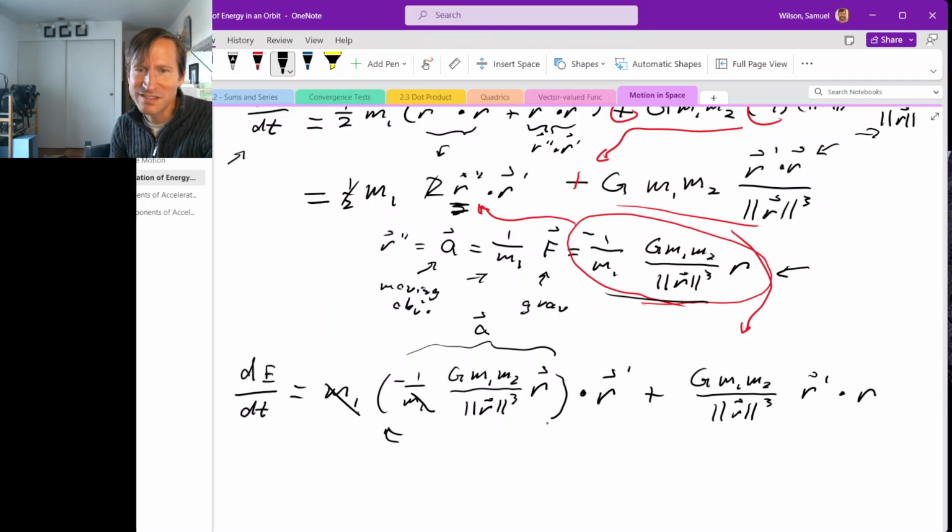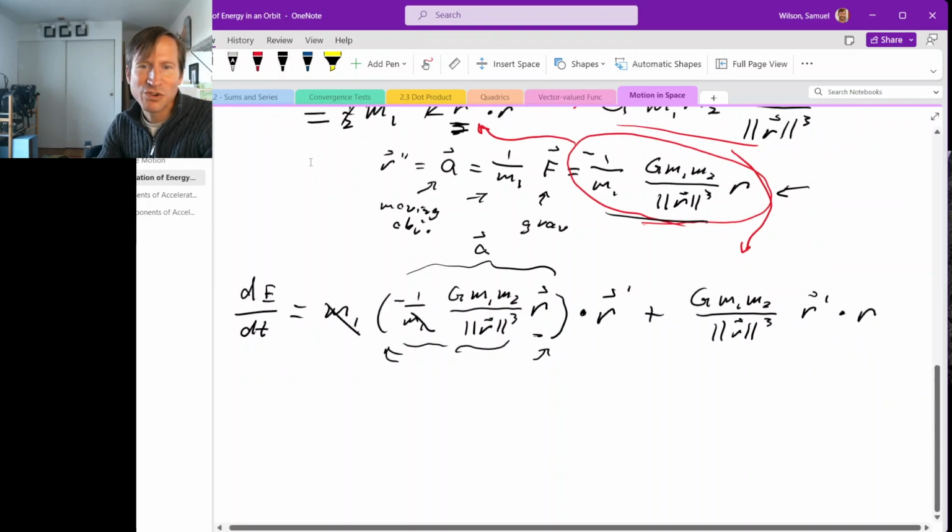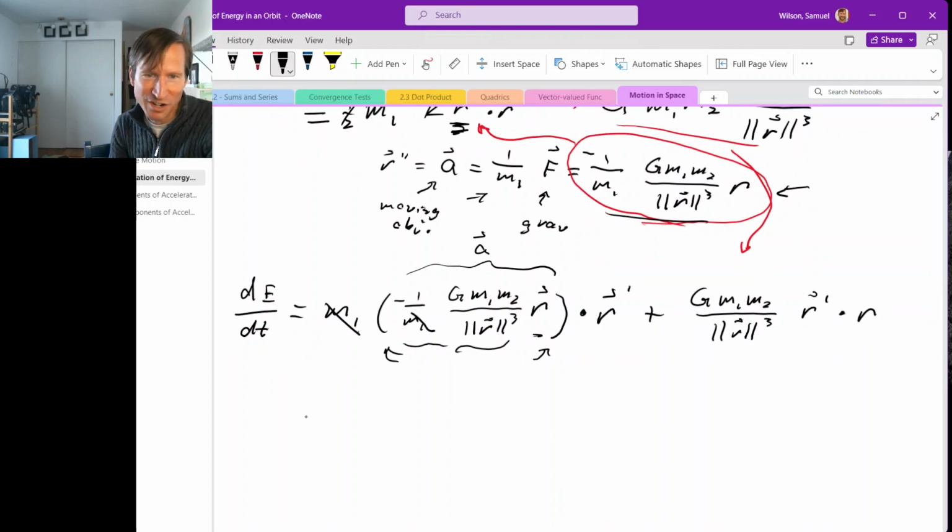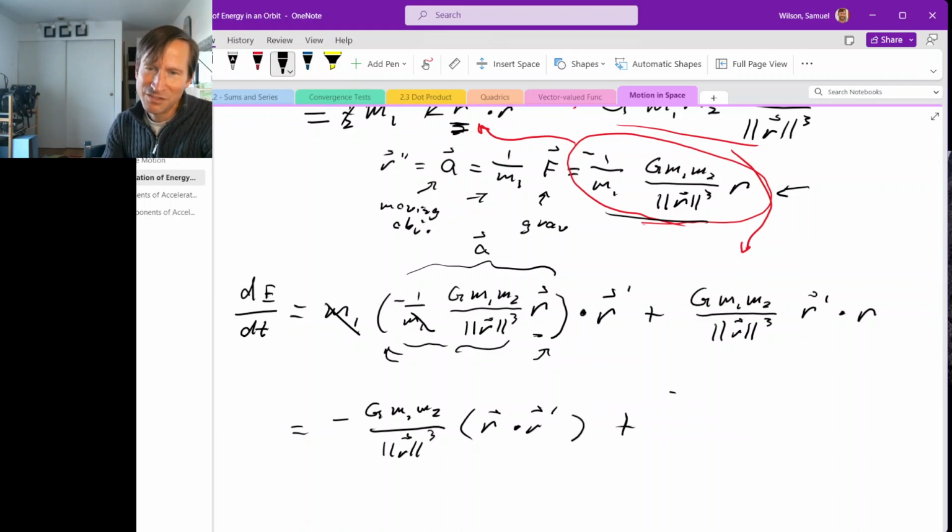I know we have a set of parentheses here, but remember, because we have a scalar multiple times our vector r, we can move that scalar multiple out in front of the dot product. So we could write it like this, minus g m1 m2 over magnitude of r cubed times the dot product r dot r prime, plus the exact same thing, g m1 m2 over magnitude of r cubed times r prime dot r.